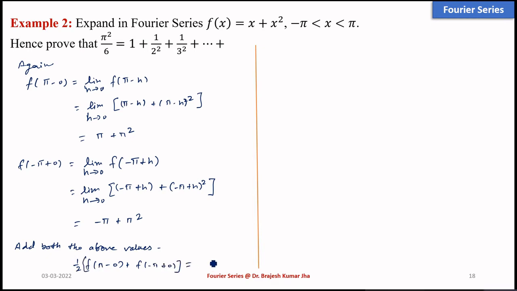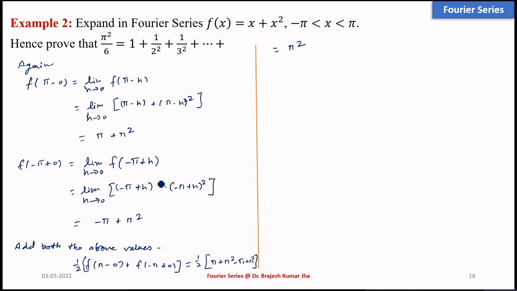This would be equal to 1 by 2 of pi plus pi square minus pi plus pi square. And this is the average that we have taken. So it is going to be equal to pi square.